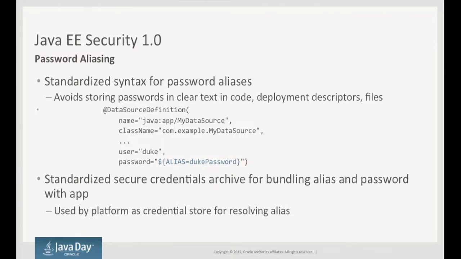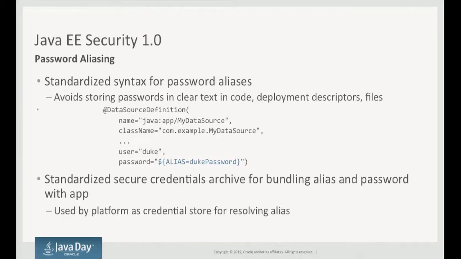And the alias maps to the password bundled together in a secure credentials archive, so that at runtime, the container can resolve the alias you're using to the actual password in a secure way. And the credentials archive can be bundled together with the application.